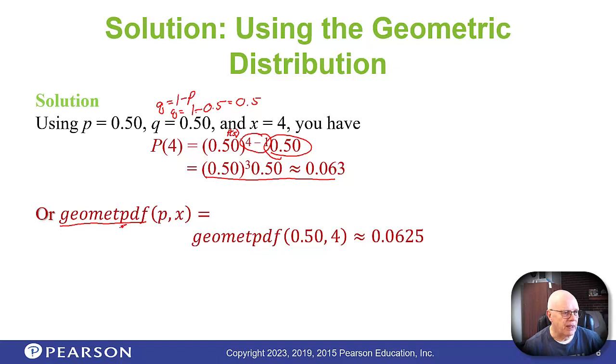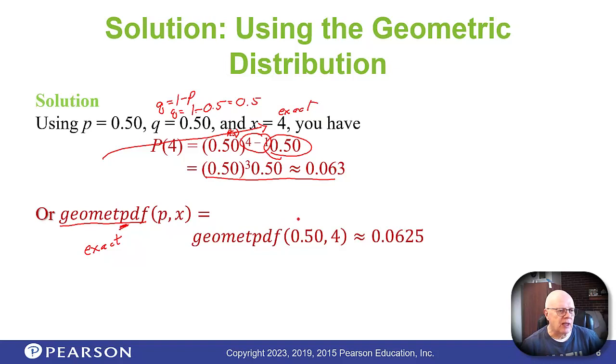Now notice we have PDF, so that means we're talking about exact. And in this case, our first one that fails is on the fourth one, exactly 4. That's why we use the PDF.